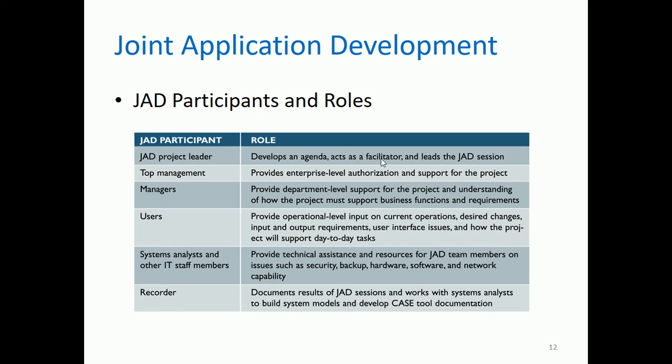The inputs or feedback of the users are very important because they can narrate the current operations, the needed changes for the information system, the input and output requirements, and whether they encounter user interface issues. Users are the ones who own the first-hand information on how the information system works, because they are the ones utilizing it.